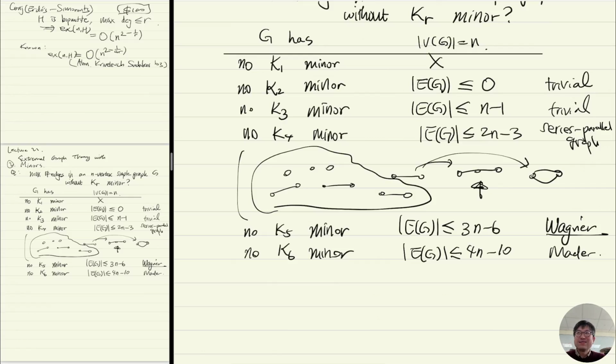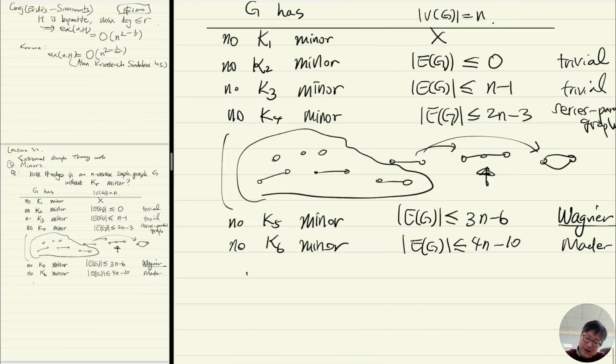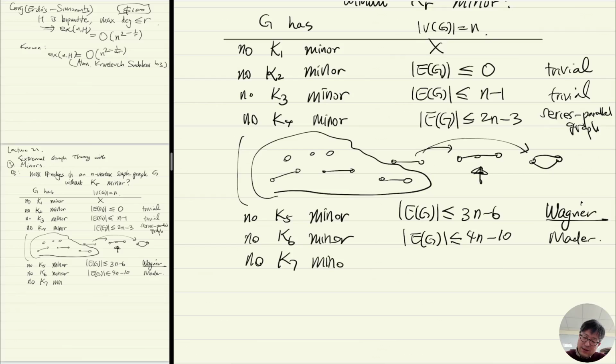Now the proof gets a bit harder. And then no K7 minor. Again, Mader proved the tight theorem. So so far everything is tight.